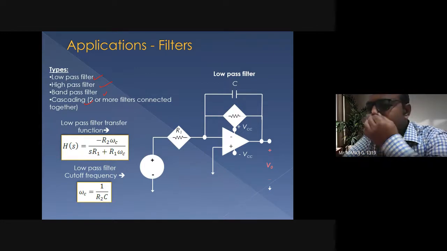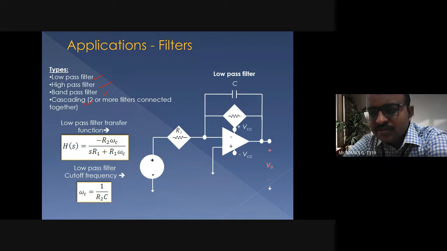Signal frequency lower than cutoff frequency.